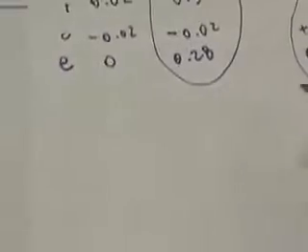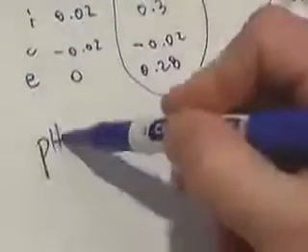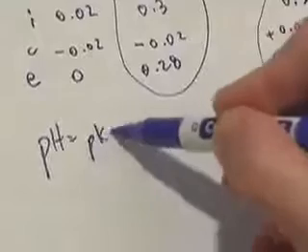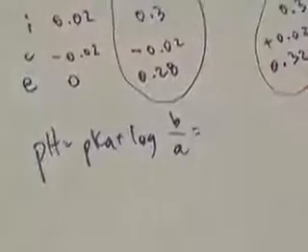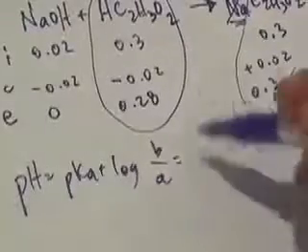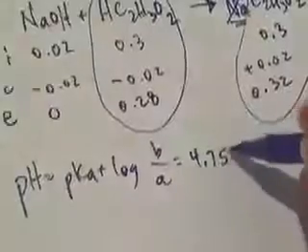You can directly calculate the pH of this by using the Henderson-Hasselbalch equation, which is equal to pKa plus the log of the base over the acid. And if you plug these numbers in from the last problem, we know that the pKa of acetic acid is equal to 4.75.